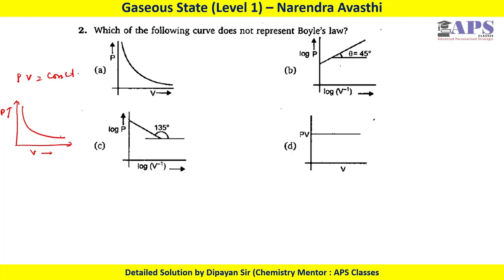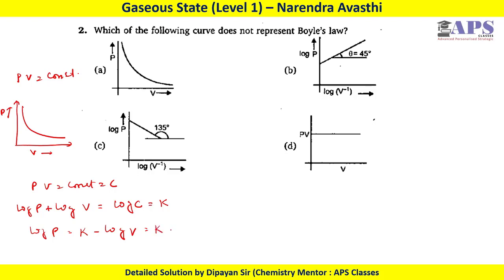If you check option B, PV equal to constant C. If you take log on both sides, then log P plus log V equal to log C, another constant K. So you can write log P equal to K minus log V, or K plus log 1 by V. If you plot log P versus log V, obviously a positive slope will be obtained, and the value of the slope is 1, so option B is also correct.